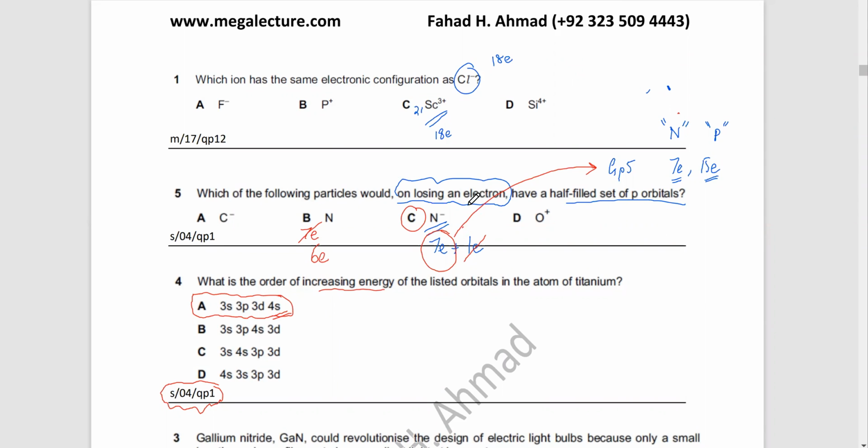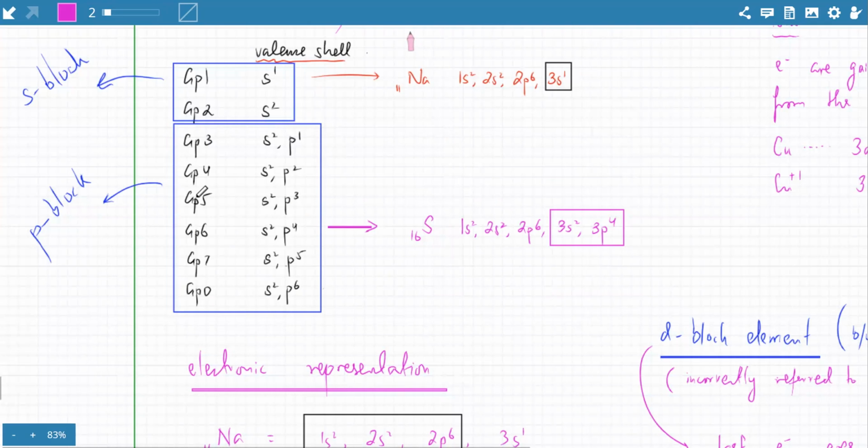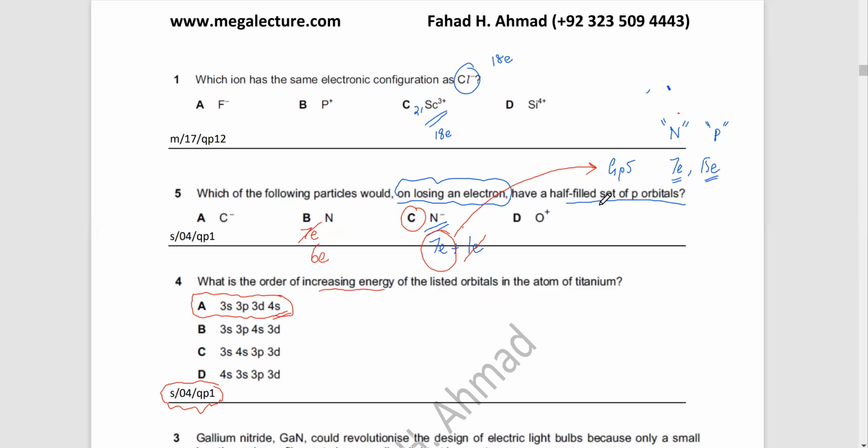Okay Baaz, I'm going to explain 5 again. Baaz, it was clear that half-filled sets of p orbitals belong to group 5, I told you. Group 5, that is clear, okay. So half-filled set of p orbitals, but he had explicitly stated that on losing an electron, meaning after losing an electron.